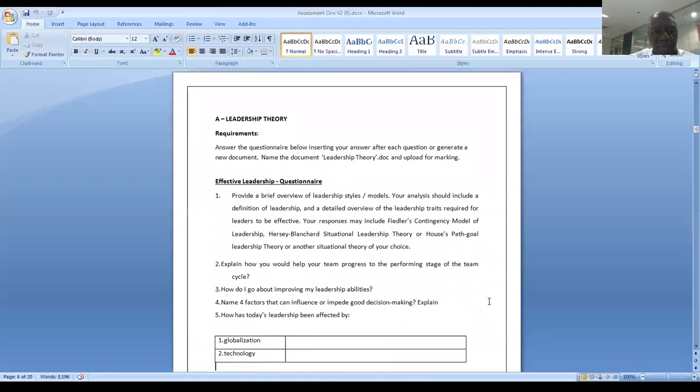Generally, it's simply following the instructions on that form, reading and answering and doing whatever is required. And the key thing in the leadership questionnaire says, provide an overview of leadership styles and models. So you're going to have to research the various leadership models and leadership styles that are there. There's a guy who went into research called Goleman, G-O-L-E-M-A-N.